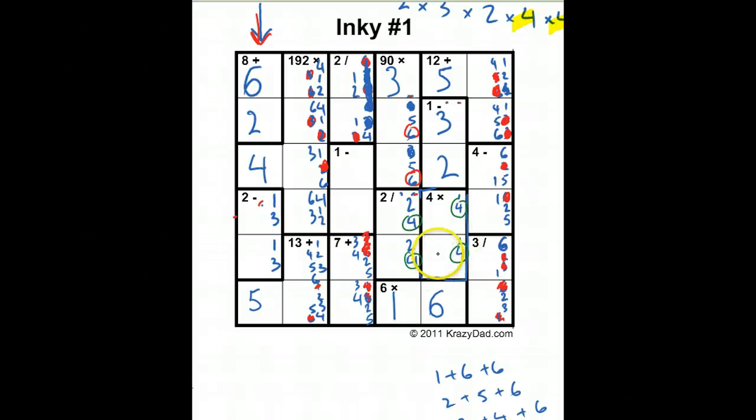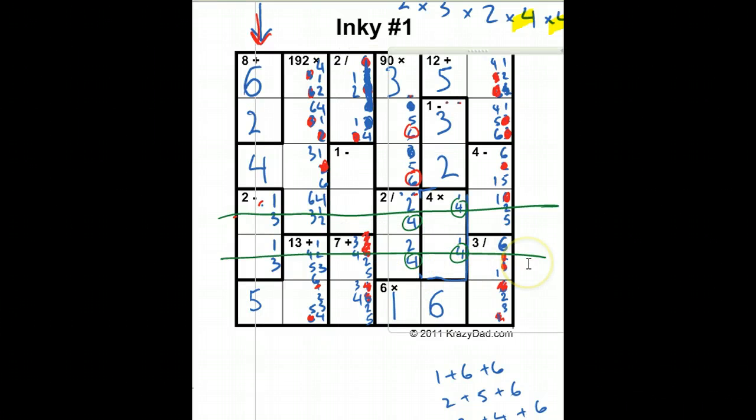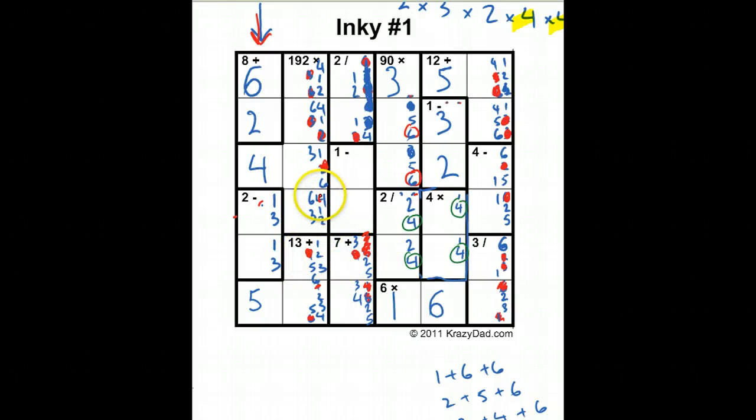When that happens, I know for sure that I can eliminate any other 4s in these 2 rows, because if a 4 has to go here and down below in these cages, it can't be a 4 anywhere else. So I can safely remove any other 4s in those rows. So there's a 4 there, there's a 4, there's a 4, and that's it.